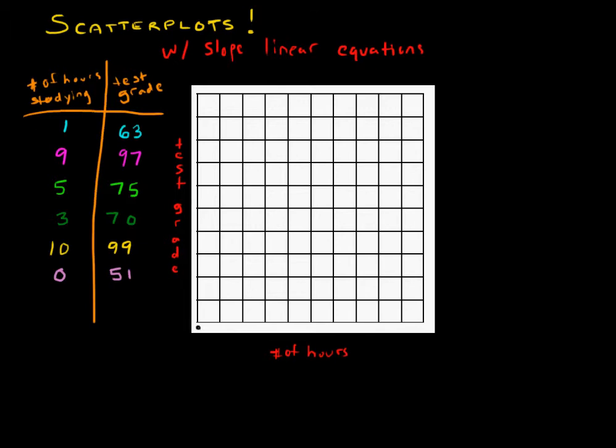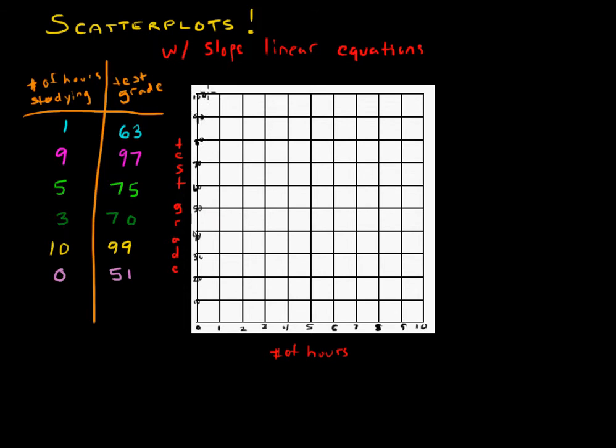So 0, 1, 2, 3, 4, 5, 6, 7, 8, 9, 10. Perfect. And then obviously for the y-axis scale, I'm going to have to change up the scale a little bit. I'm probably going to go up by tens. So 10, 20, 30, 40, 50, 60, 70, 80, 90, at the very top, 100.